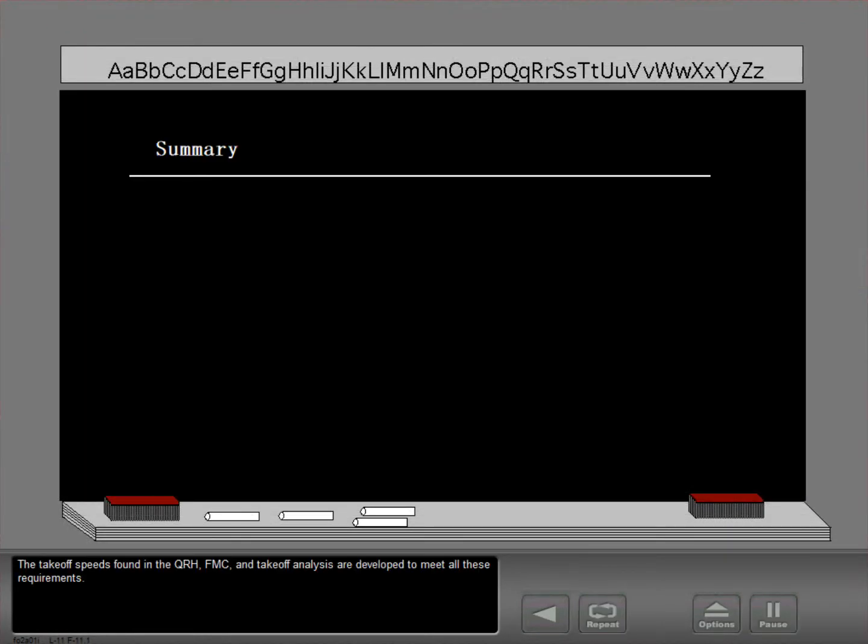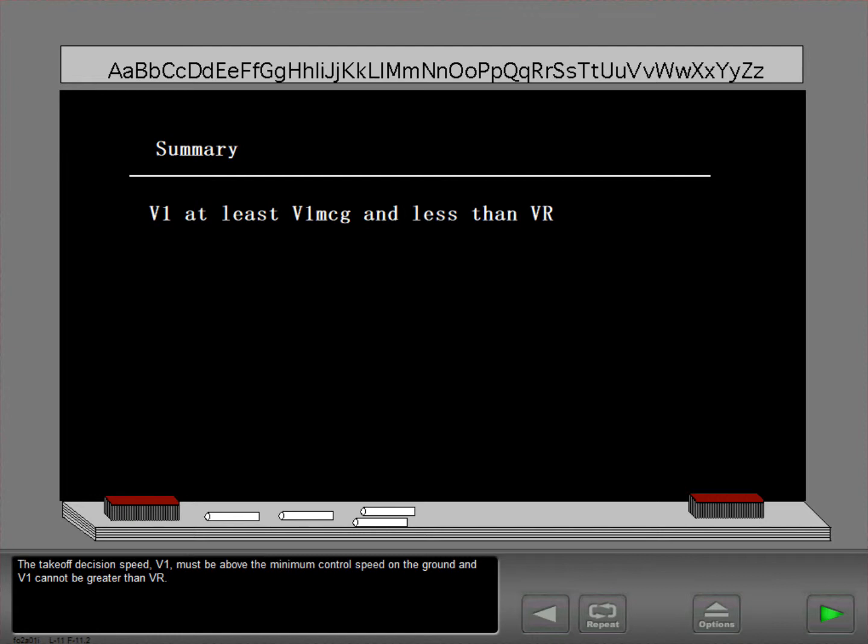The takeoff speeds found in the QRH, FMC, and takeoff analysis are developed to meet all these requirements. The takeoff decision speed, V1, must be above the minimum control speed on the ground, and V1 cannot be greater than VR. The rotation speed, VR, must be at least 5% greater than the minimum control speed in the air and high enough to achieve the takeoff safety speed 35 feet above the runway.